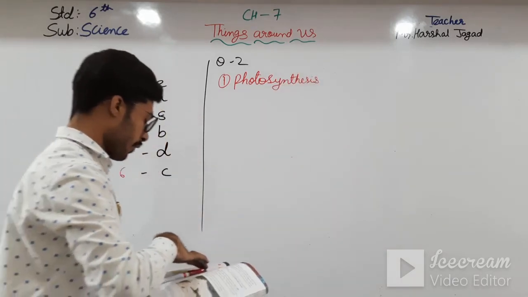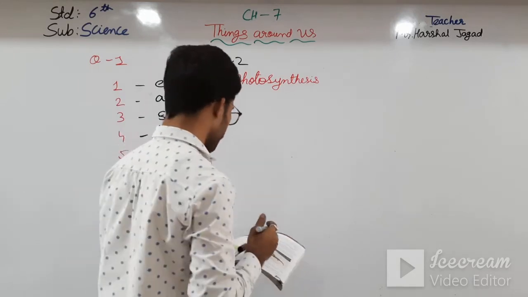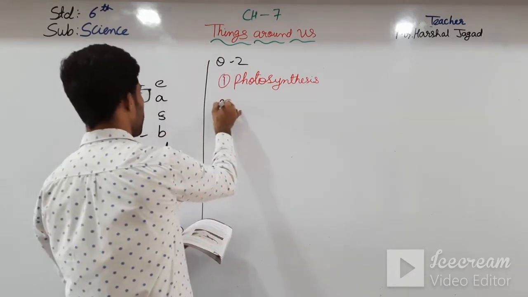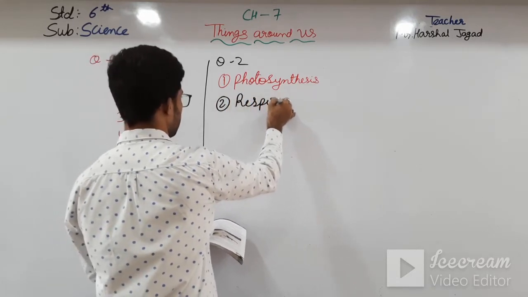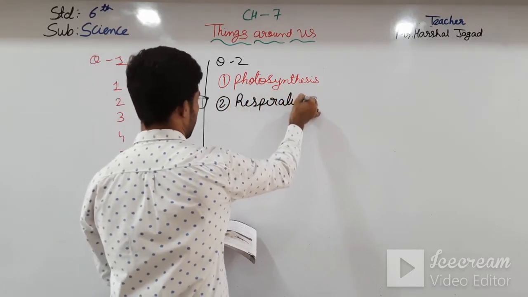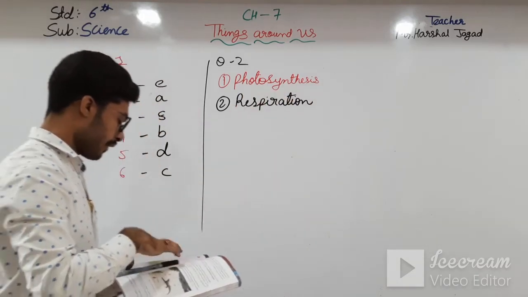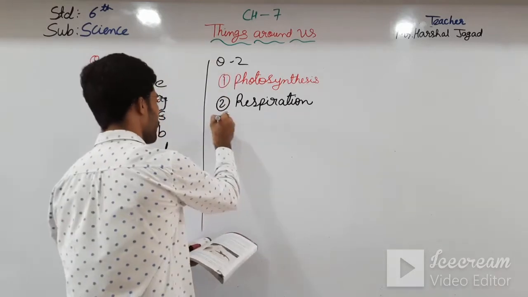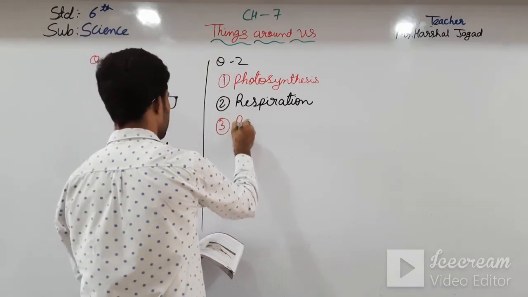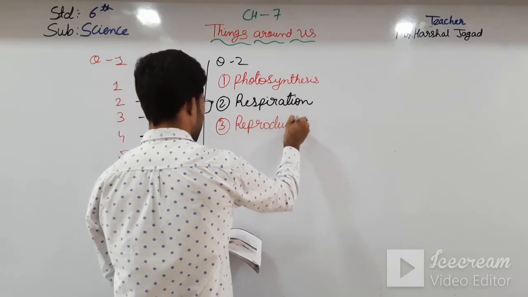Another one, the process by which animals utilize oxygen to release energy from food is respiration. The process by which living things produce their own kind is reproduction.